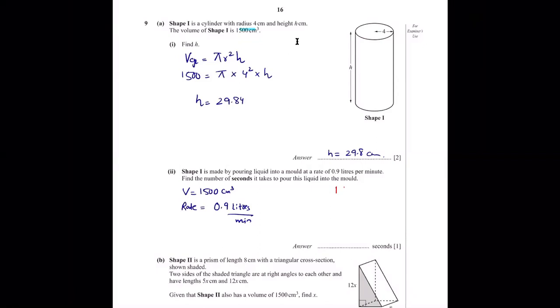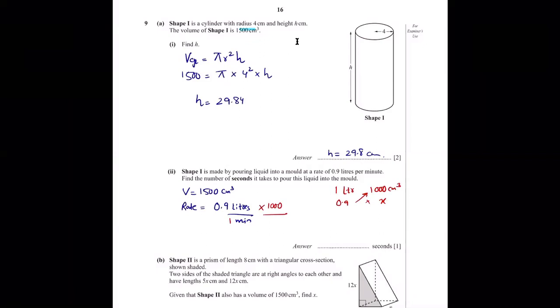So if 1 liter has 1000 centimeter cube, then for 0.9 liters what will you have to do? You are going to multiply 0.9 with 1000. And in 1 minute how many seconds are there? 60.